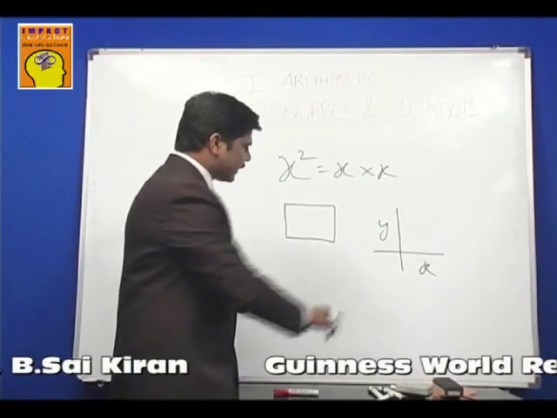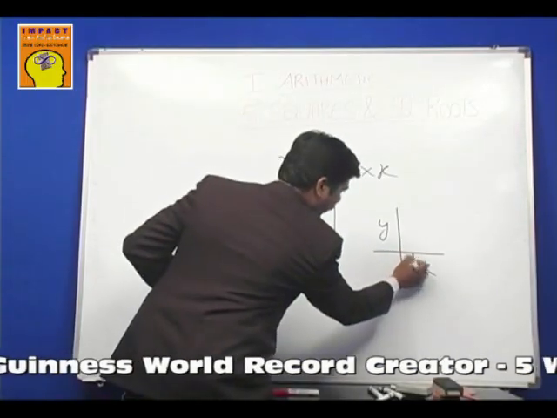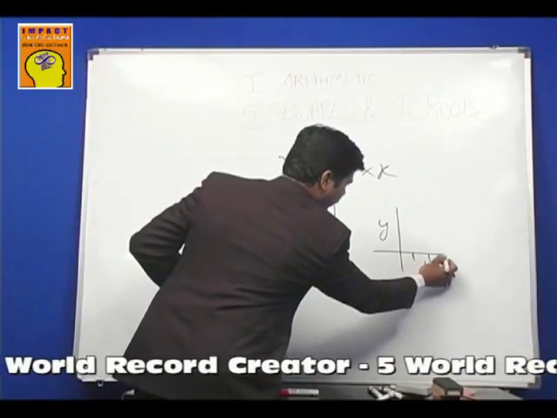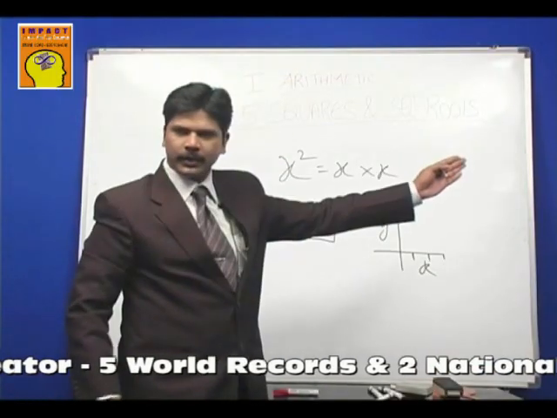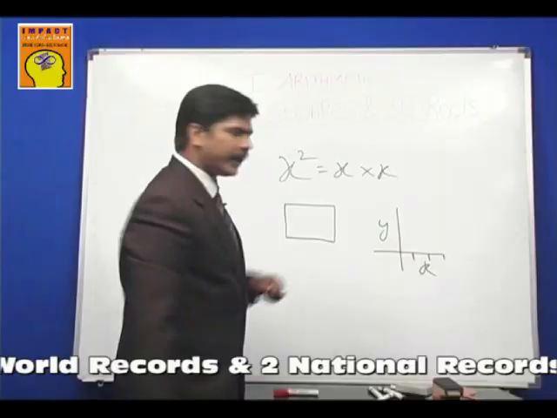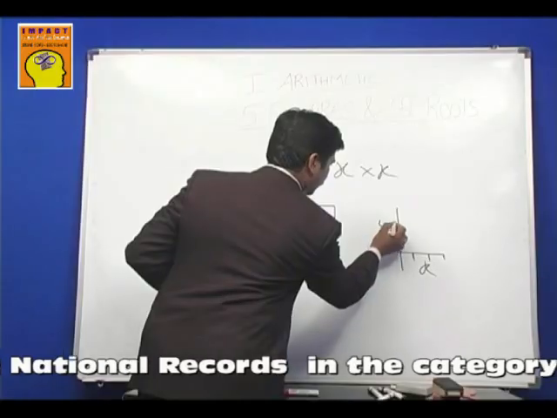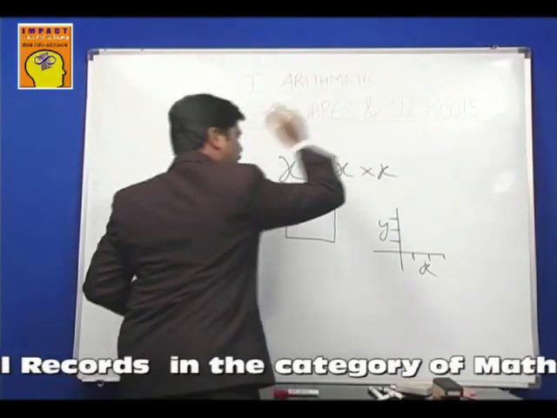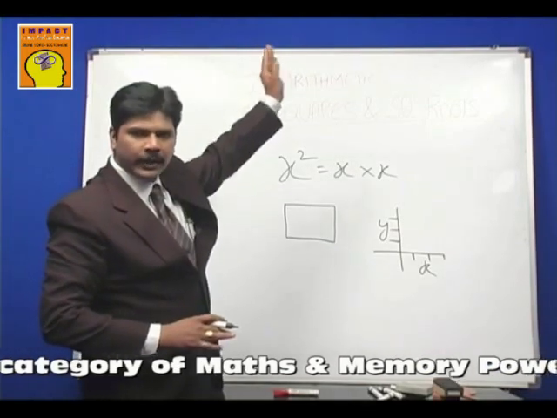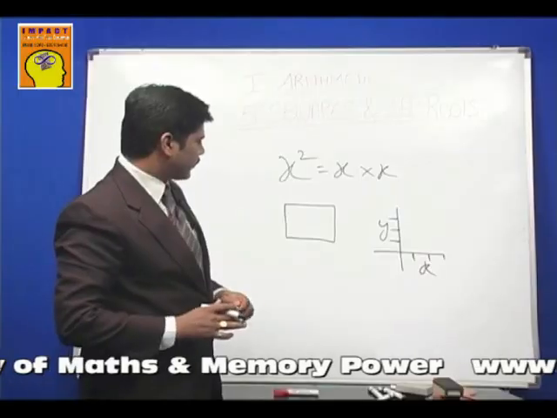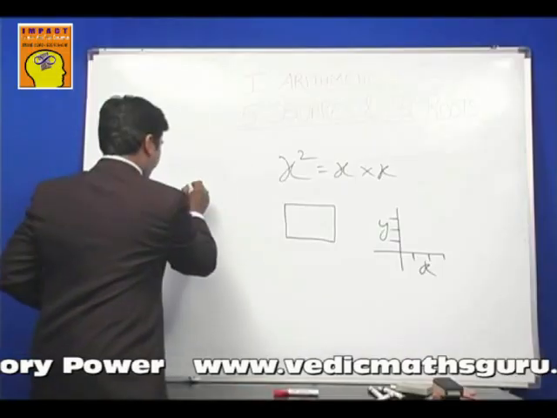Now you have markings on this line segment x: x of 1, x of 2, x of 3 and so forth up to x of n. Similarly for y, you have markings: y of 1, y of 2, y of 3, y of 4 up to y of n, going vertically up, okay? Now, this forms one side. Can you see the L shape?